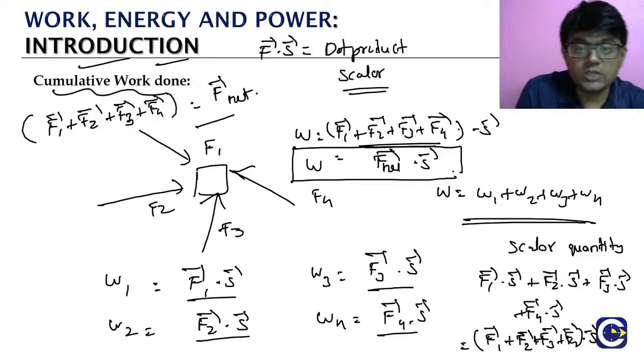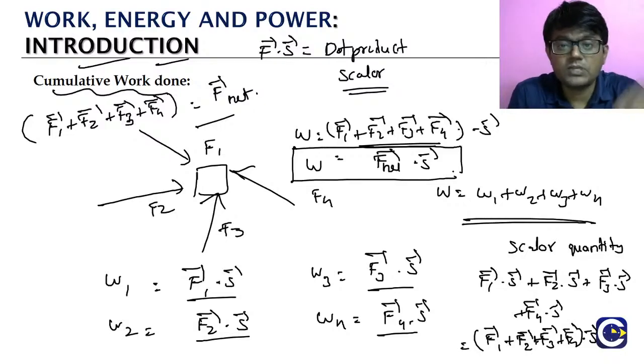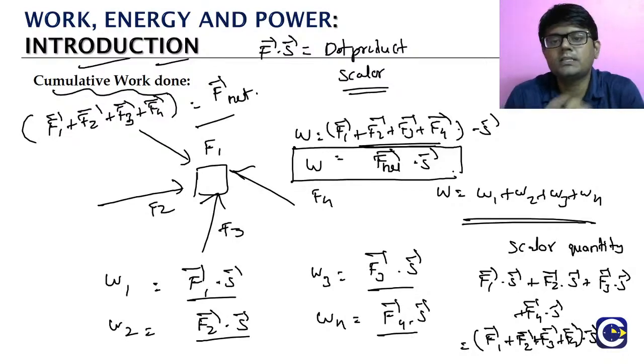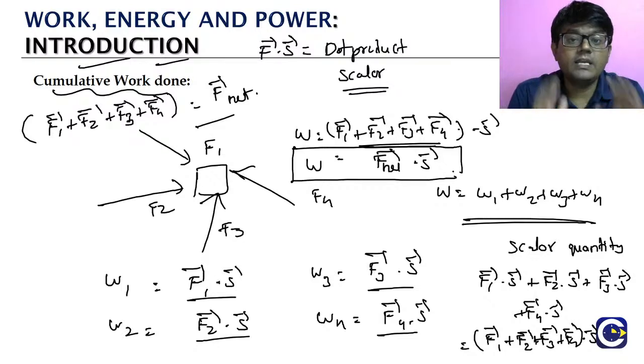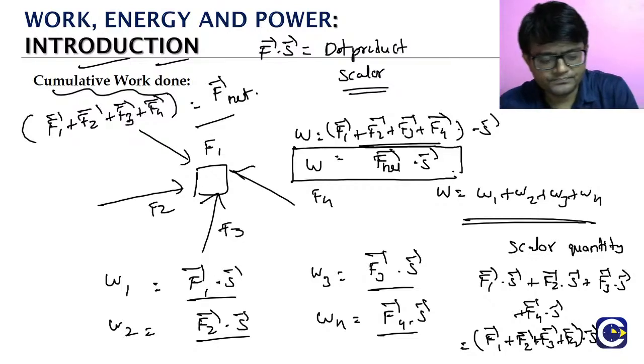Otherwise, we can calculate the work done by each of the forces, W1, W2, W3, W4, and add all of them. Both ways we get the cumulative work value. So this is about the cumulative work done when there are many forces acting on the body.